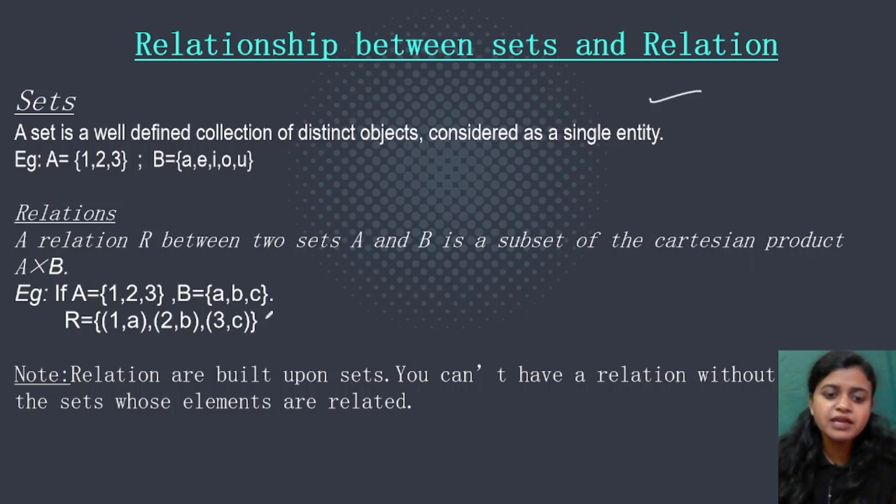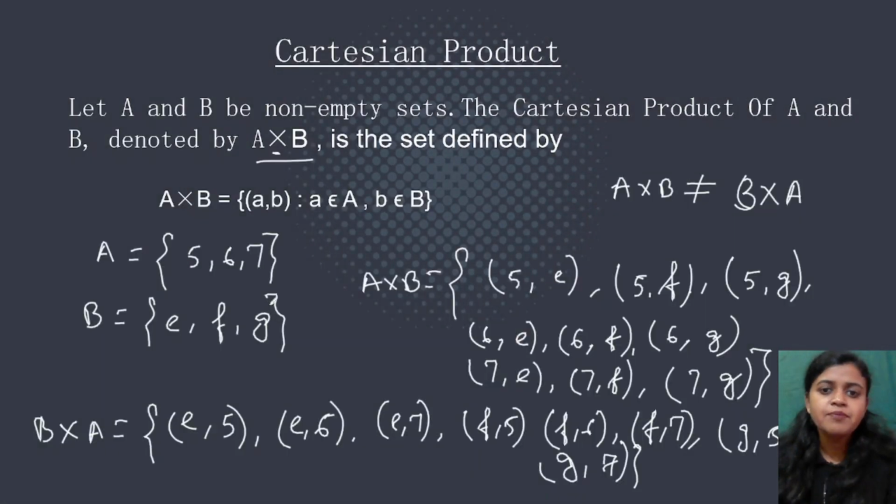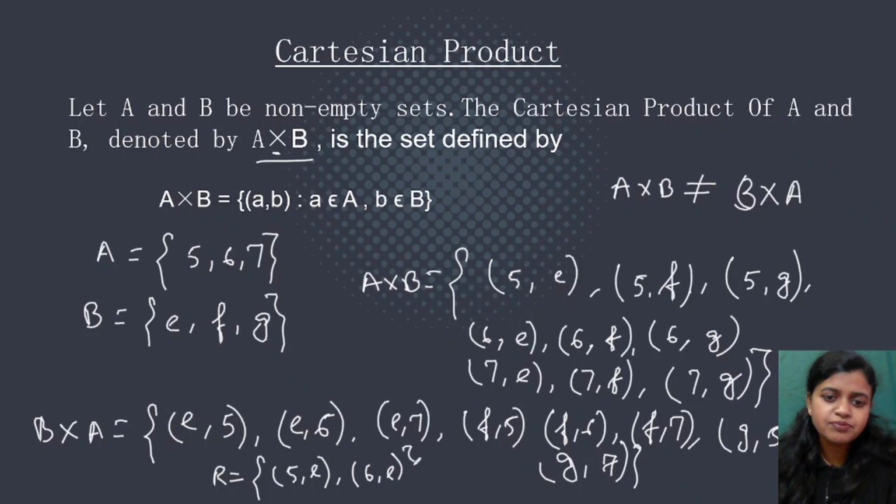Okay. So in the previous slide, if I define a relation R, what can R be from A cross B? You can say (5, E) and (6, E). So this can be a relation, and it is a subset of what? A subset of A cross B. R is a relation, a subset of what?